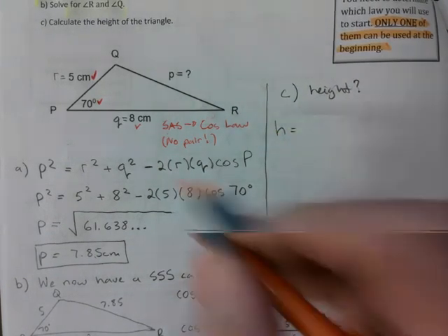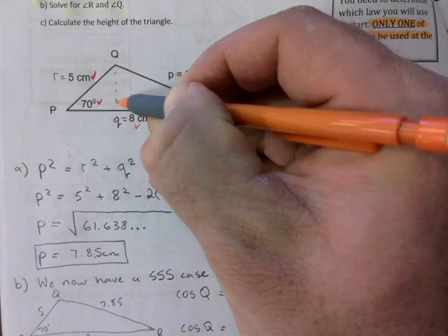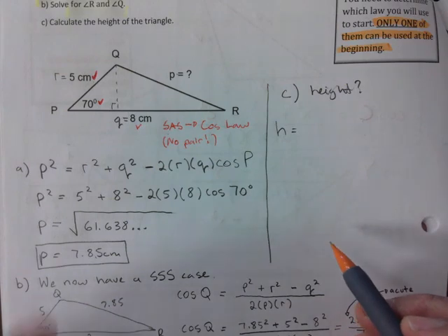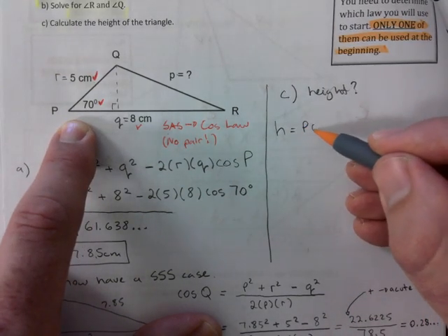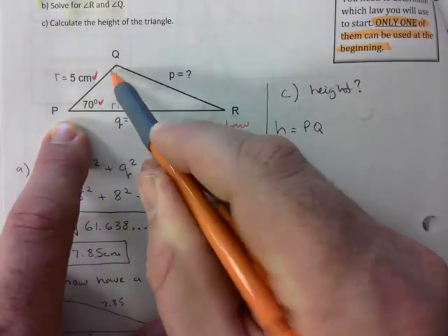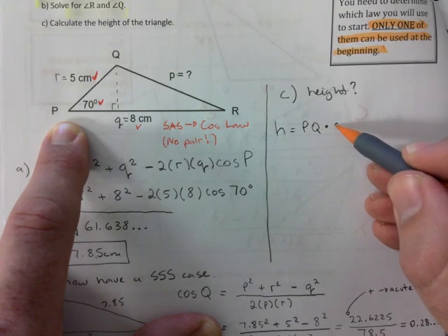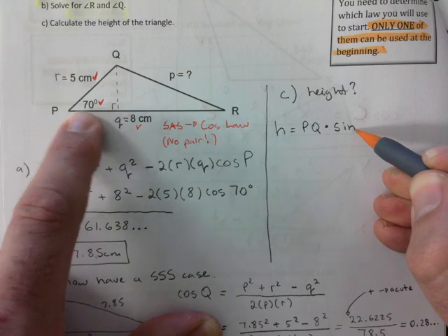To find the height of this, it's the height right here. It's a 90 on either side. But I'm gonna go PQ, right? Side PQ, the slant that I already know, times, is it sine or cosine? You gotta be careful. We're going back to sine, right? Sine of P.